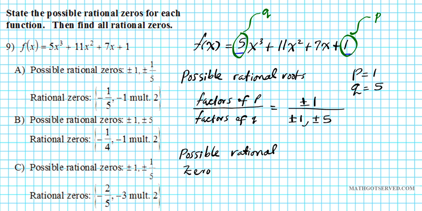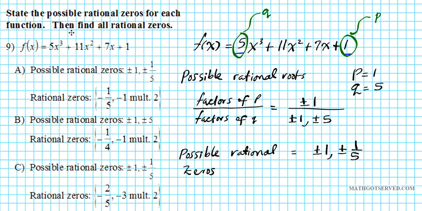Possible rational zeros are plus or minus 1 over plus or minus 1, which is plus or minus 1, and plus or minus 1 divided by plus or minus 5, that's plus or minus 1 over 5. All right, so there go our possible rational roots, or zeros.